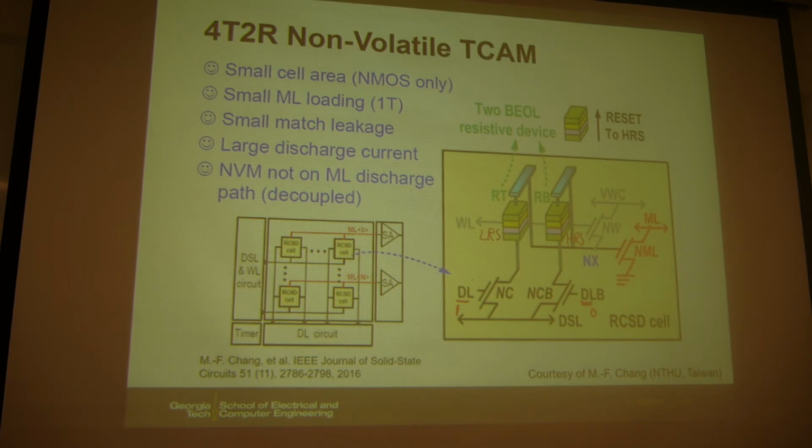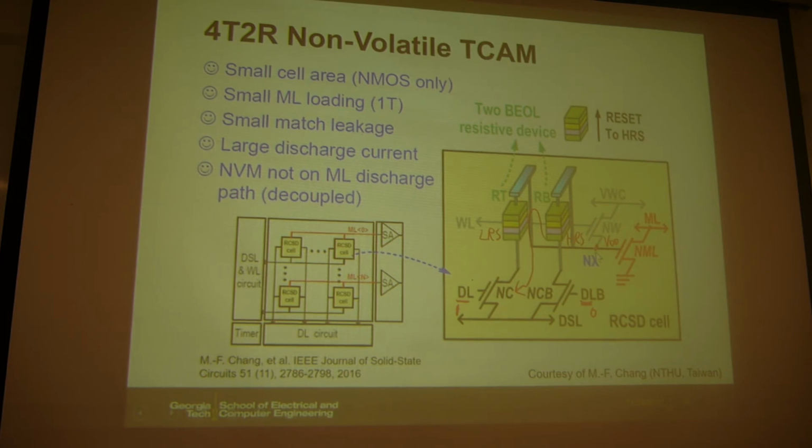then you see this one is pre-charged to be VDD. So if the data pattern is like LRS and HRS in this way, then this current will flow here, right? Because this transistor is on, and this is the low resistance state, current can flow through. Then this will be pulled down. So that means you find the pattern here.